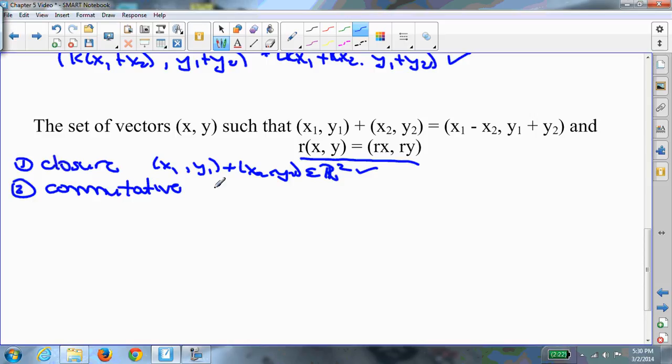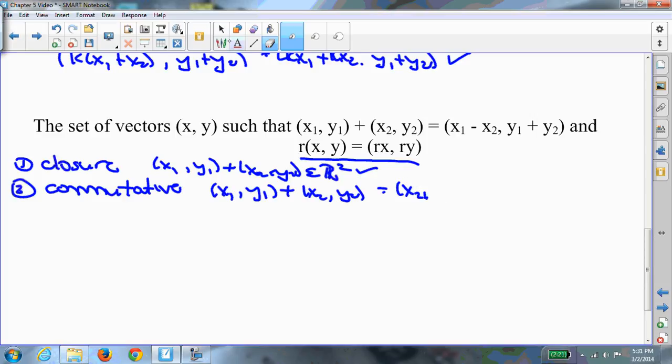Second property, commutative. Commutative says x1 comma y1 plus x2 comma y2 must equal x2 comma y2 plus x1 comma y1.